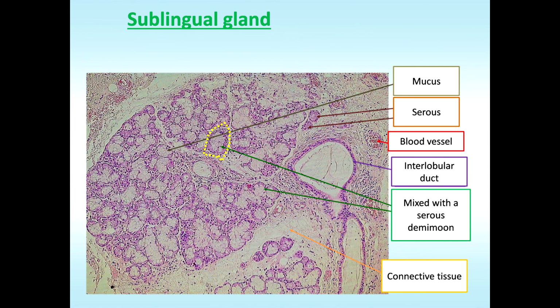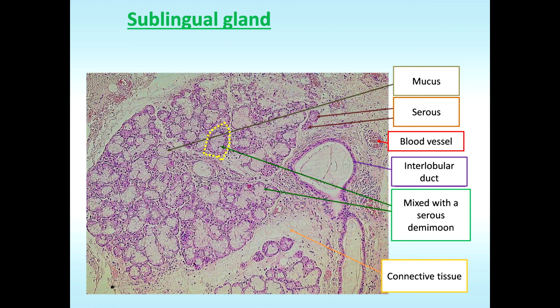Now let's have a look at a micrograph at low magnification. In this picture we can observe that the amount of staining is reduced, and therefore we can say that there is a predominance of the mucus secreting acinus, which, if you remember, the mucus cells do not stain very well, and that's the reason why the picture is clearer.